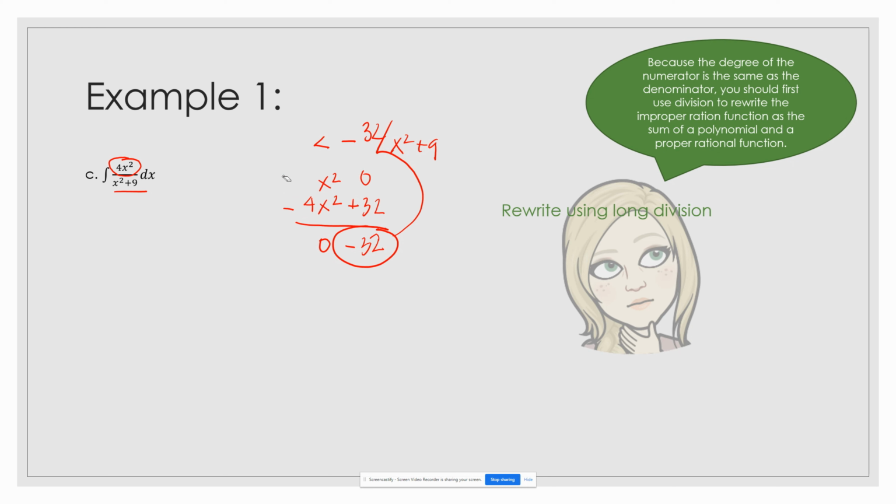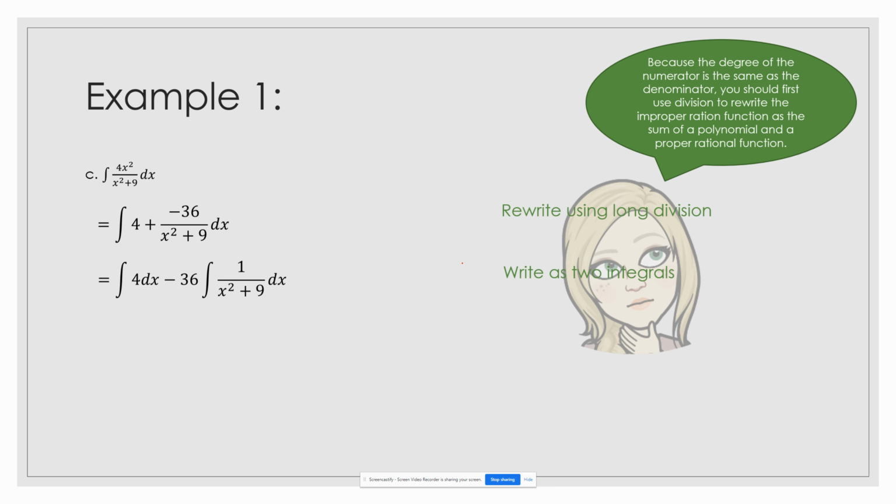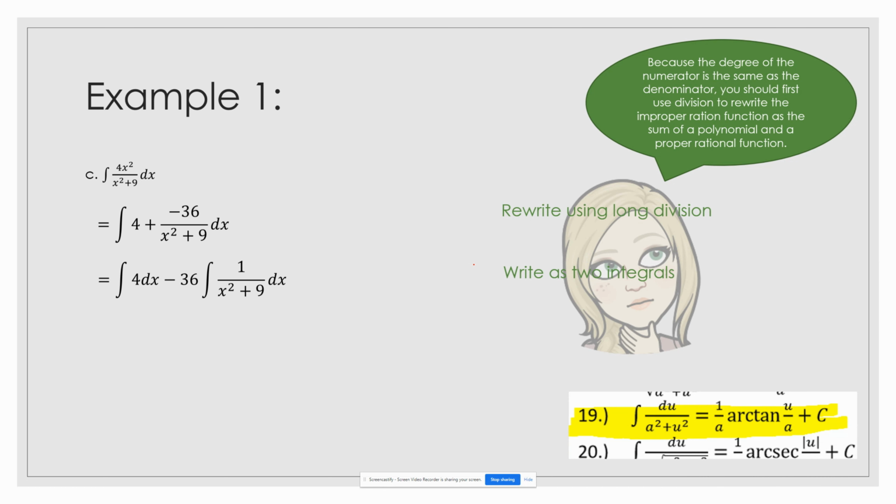So hopefully you're looking at your integral table right now and trying to figure out which one looks like that. And hopefully you got rule 19. So rule 19 is our arctangent rule.